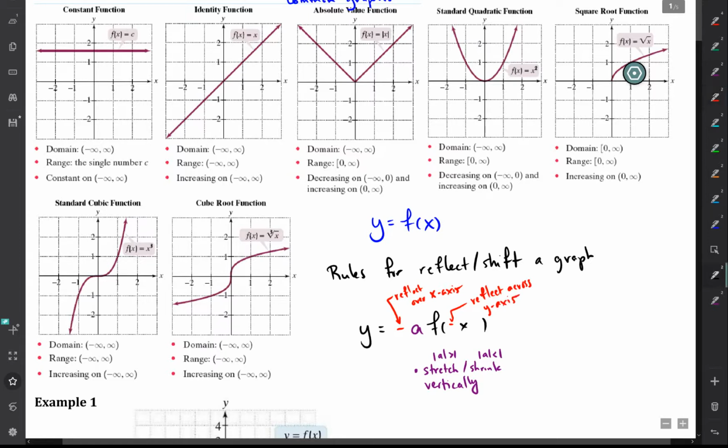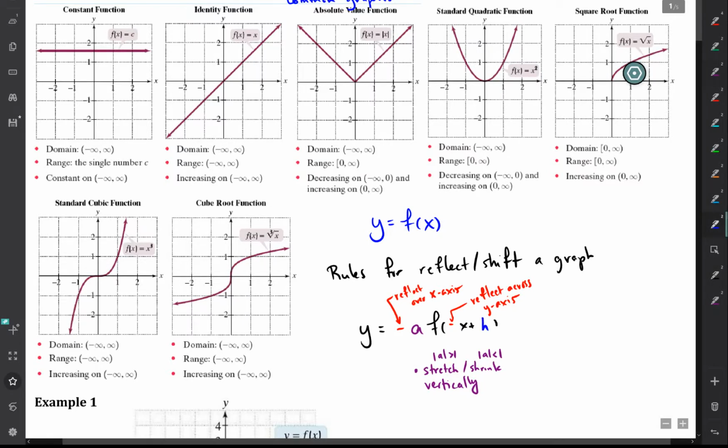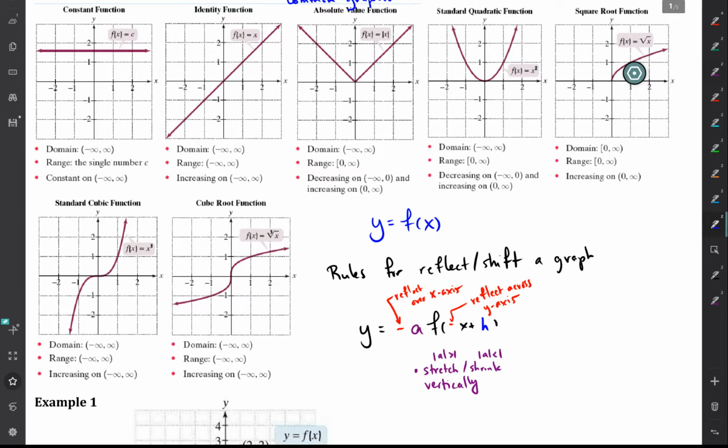And there's two more changes. We could add a number inside the parentheses, like you could have f of negative x plus h, or f of x plus h. The h inside is going to shift left or right.